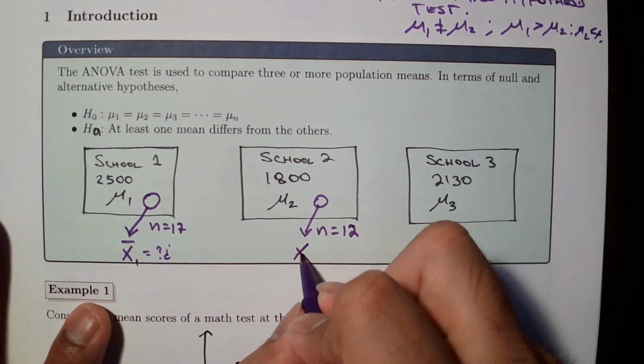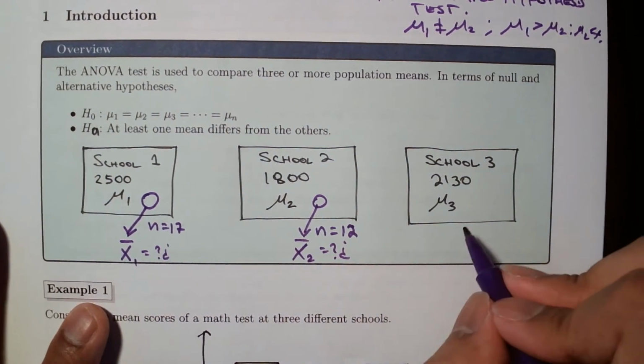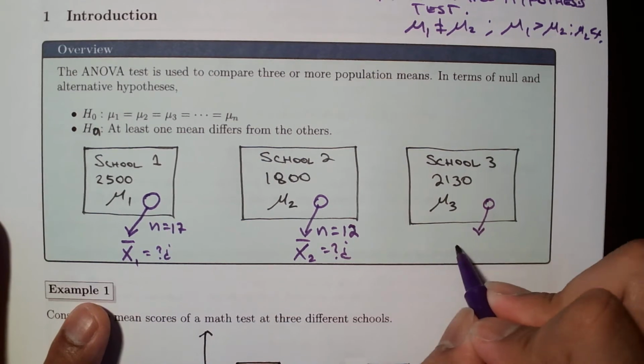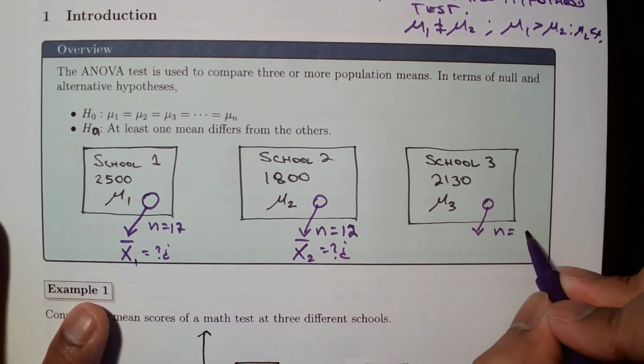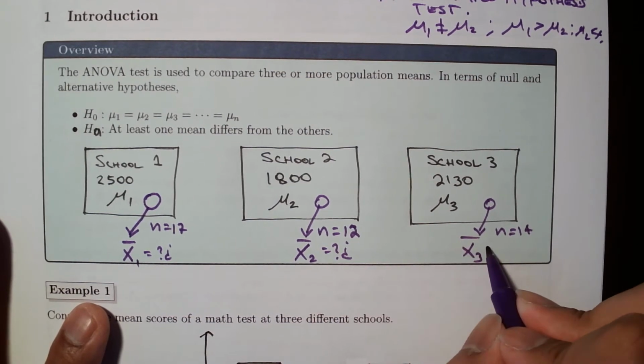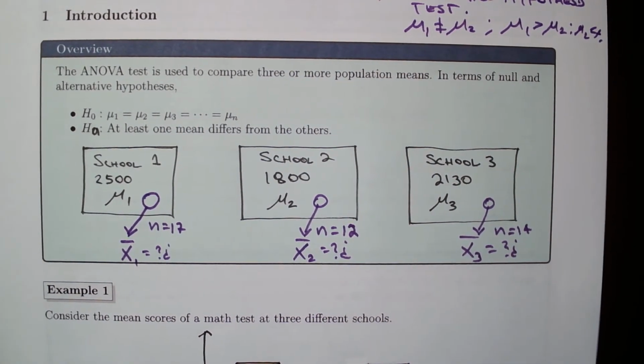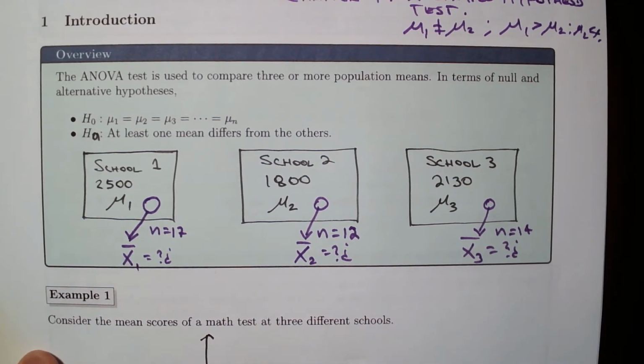And then x bar 2, whatever that is, we don't know right now. Then we're going to take a third sample of n equals 14, whose x bar 3 is unknown. And then we're going to compare.